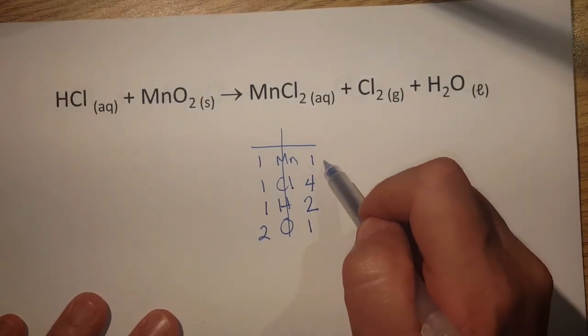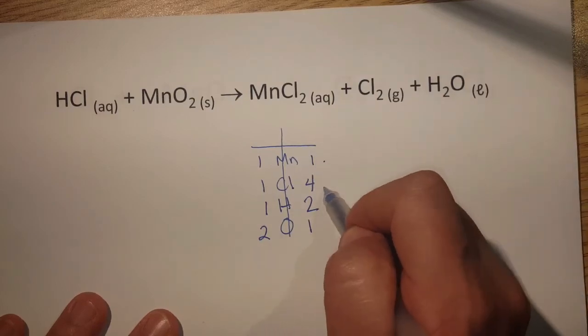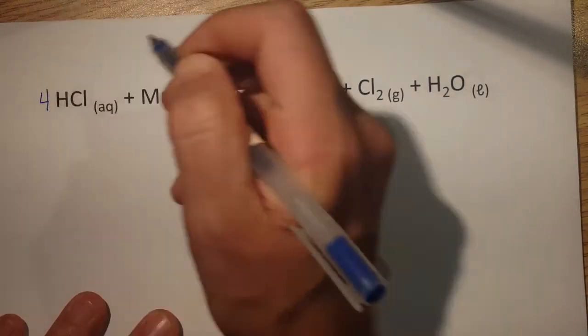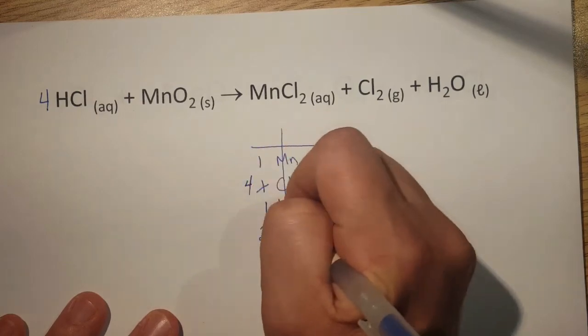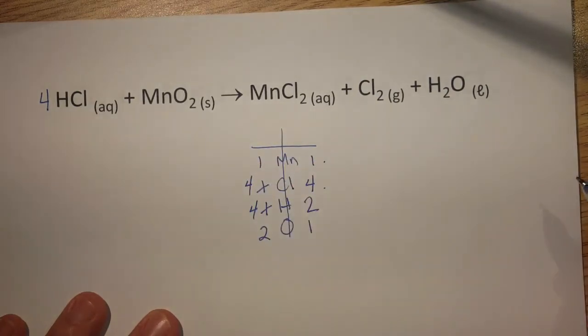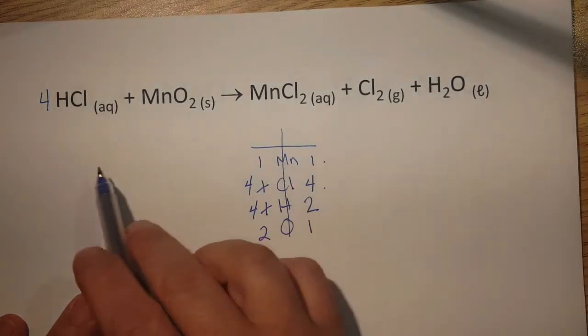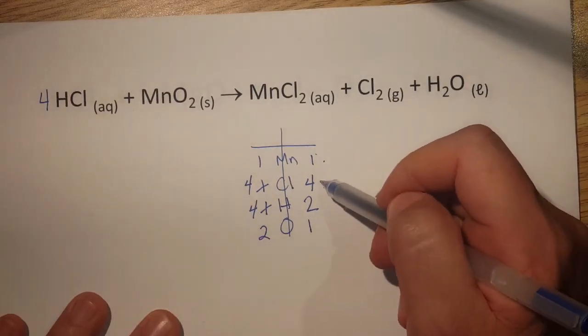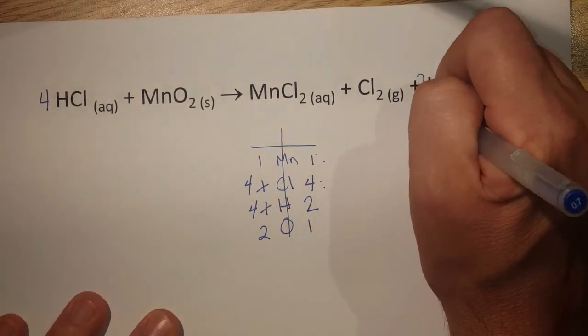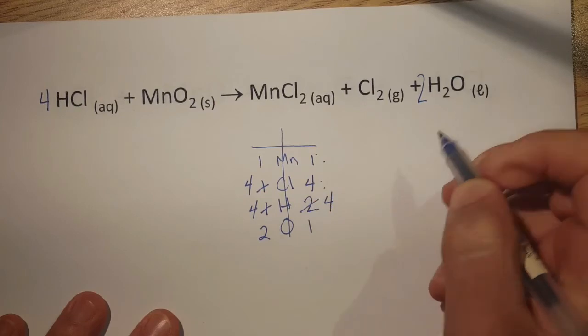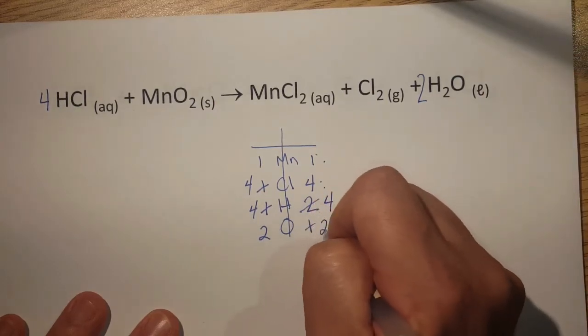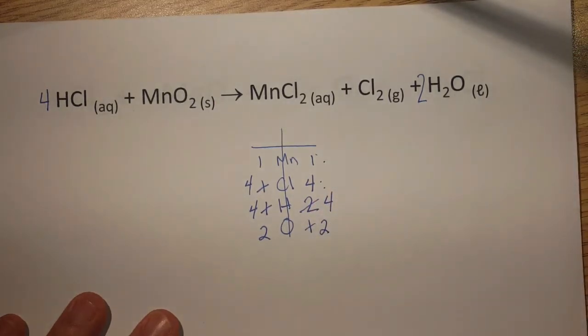So Mn is balanced, Cl is not, so I'll put a 4 here, and that balances it and moves that up to 4. Now Mn is balanced, Cl is balanced. For hydrogen, I put a 2 there, that bumps that up to 4, and that changes my number of oxygen, and so therefore we would be balanced like that.